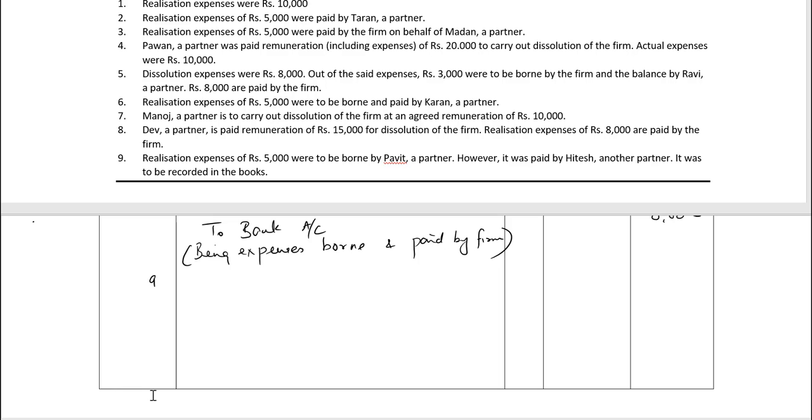So Hitesh pays the expense on behalf of Pavit. We need to penalize Pavit and give more to Hitesh. So we'll debit Pavit's capital account and credit Hitesh's capital account.